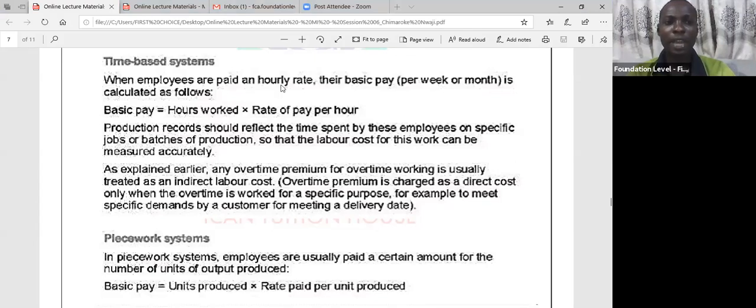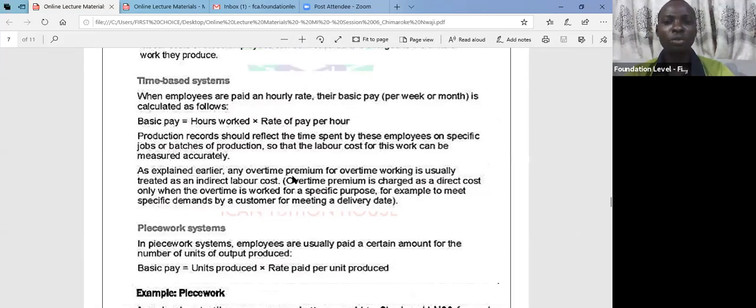I'll take the time-based system again. I said the time-based system is when workers are paid according to the number of hours they work. So we said that it is calculated as your basic pay will be your number of hours worked multiplied by your rate of pay per hour.